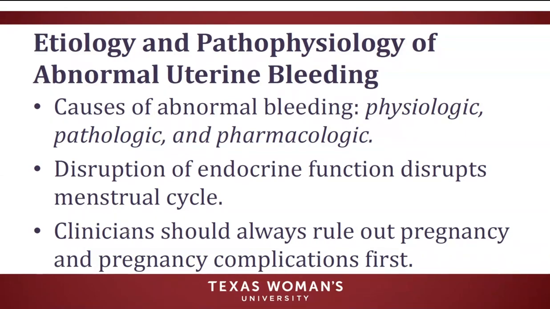So hopefully now you start to understand why that is so important, because if you know normal, then you can start to determine abnormal. The very, very, very first thing you do, if a patient comes in with abnormal bleeding, no matter what, if she has an IUD, if she has her tubes tied, you must do a pregnancy test.